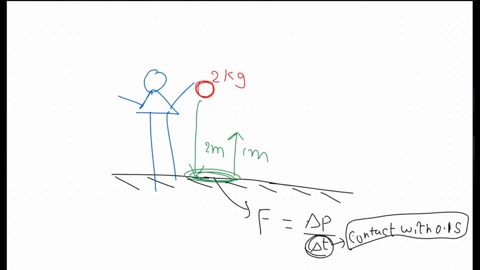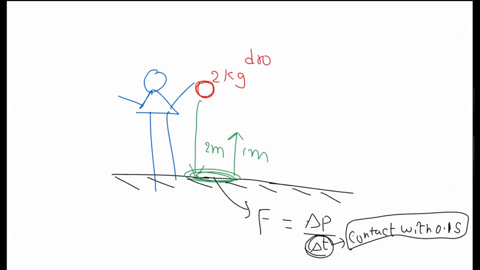To calculate change in momentum, with how much momentum is it hitting the ground? Tell me, with how much momentum is it hitting the ground? What is the initial velocity of the ball? 2 meters per second?